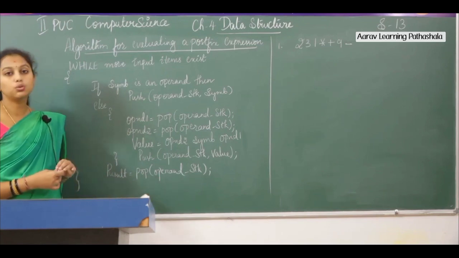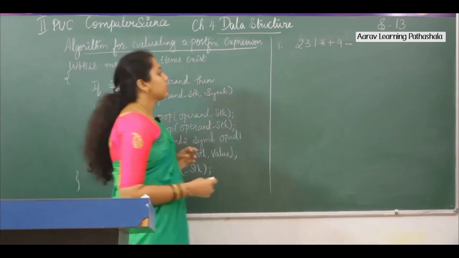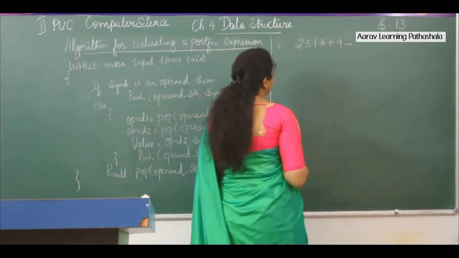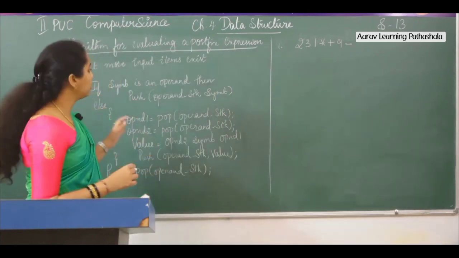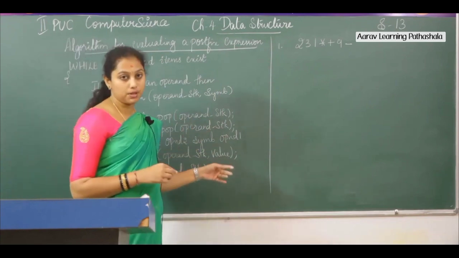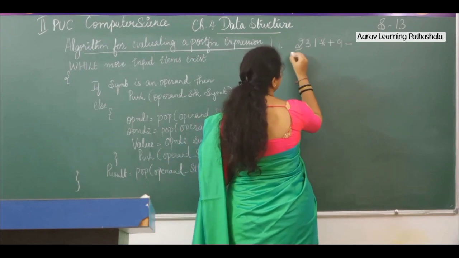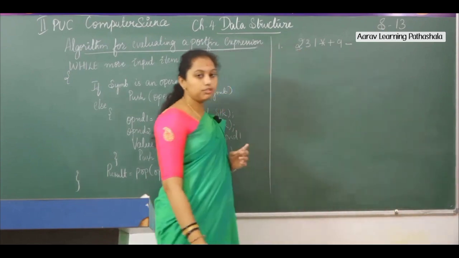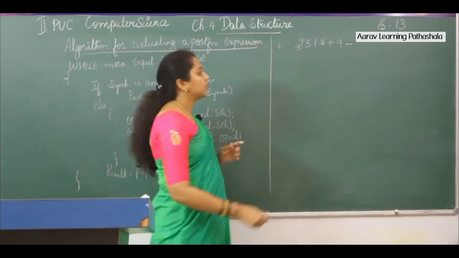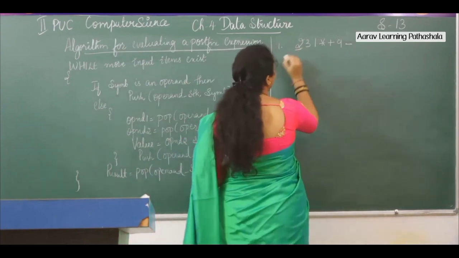So let's see how to perform this. So consider this expression. We are going to evaluate this postfix expression. So first we have to scan from left to right of the given expression. So the first thing is an operand.